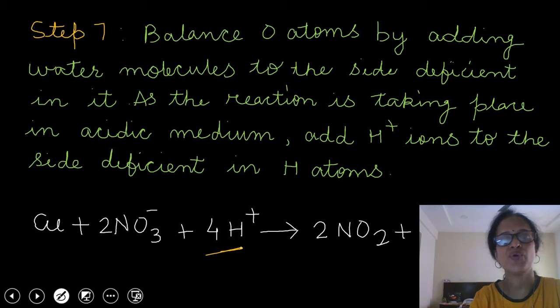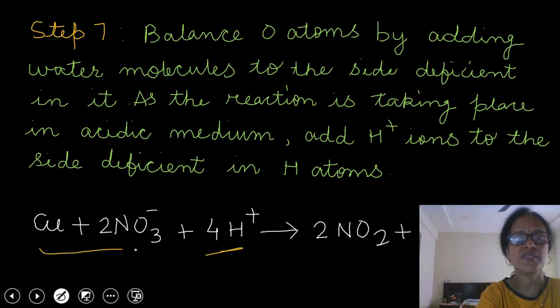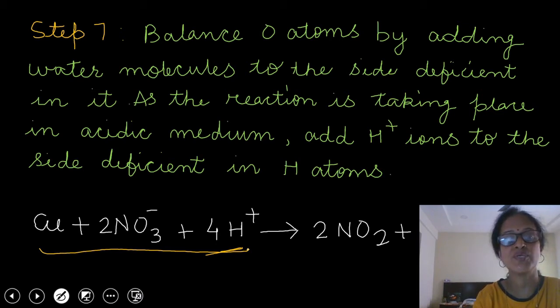Now one more important point I want to tell you: if you are balancing the reaction correctly, make sure that the charge in the reactant and product side is equal. So we can count the charge like this. You can see here copper is neutral, having no charge, but the nitrate ion has 1 negative charge. As we have 2 nitrate ions, the charge will be 2 negative.